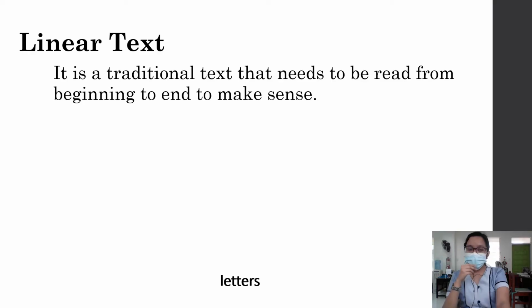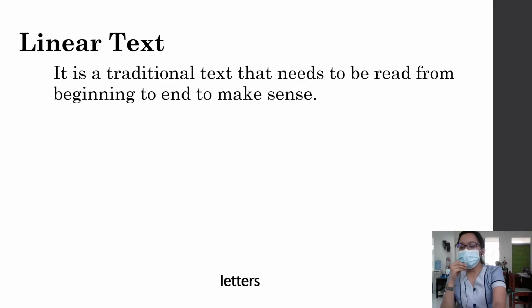So we have here linear text. What do we mean when we say linear text? Linear text is what we saw earlier from the previous line. It is a traditional text that needs to be read from beginning to end to make sense. So this kind of text is the traditional text.